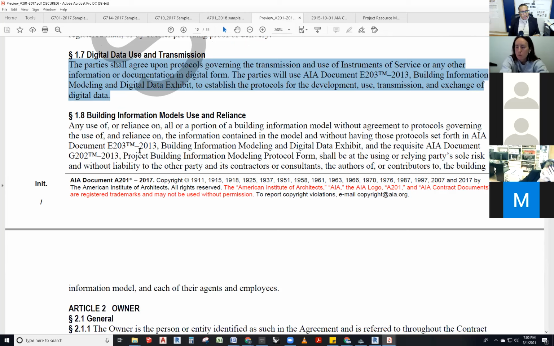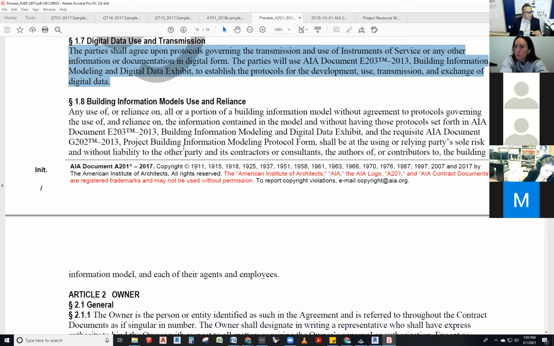We've heard of this before. You should read the E203. It's not so critical for the exams, 100%. You won't really pass or fail because of the E203, I don't think. It's my opinion, but I would say just read it.